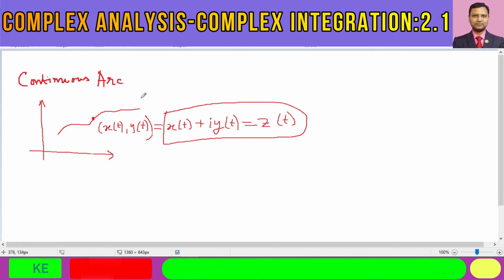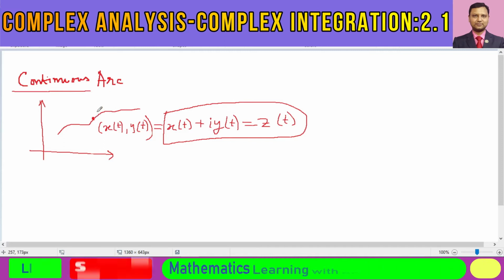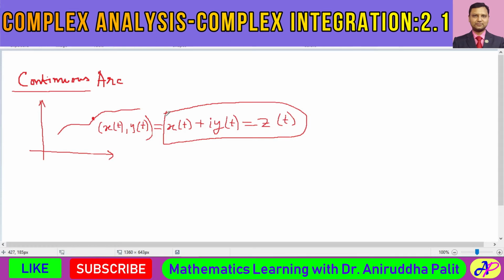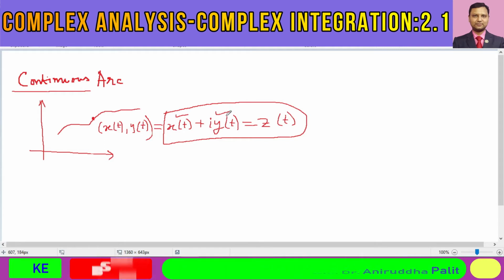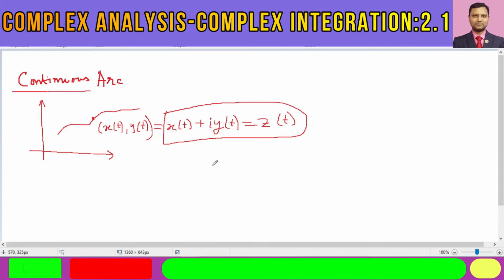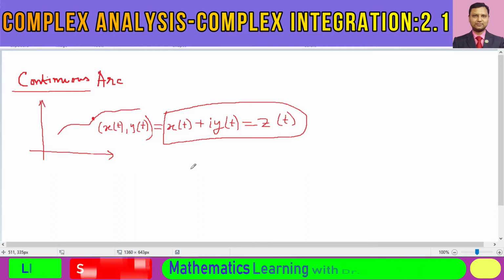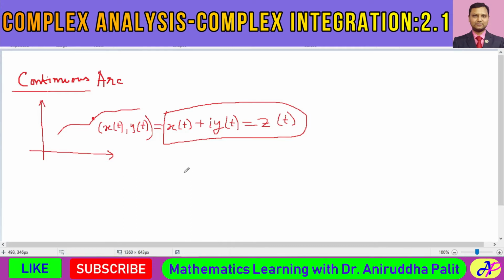And we say that this curve is a continuous curve whenever it does not have any break. Mathematically, it means that these two quantities x of t and y of t should be two continuous functions of the parameter t. Suppose the parameter lies between a and b, that is, a is less than or equal to t, and t is less than or equal to b.